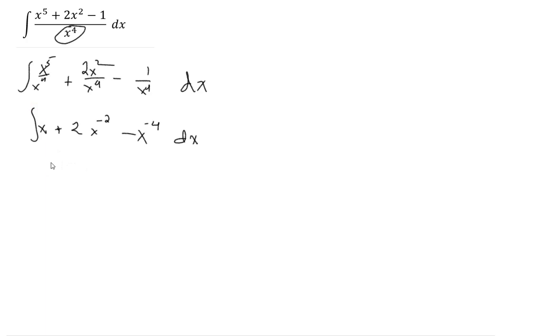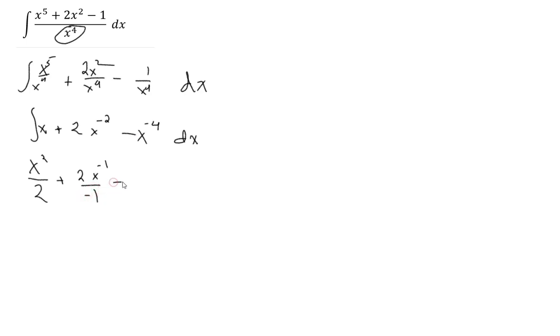Okay, now we'll actually take our integrals. So the integral of x, 1 plus 1, and then you divide by the new exponent. Over here, negative 2 plus 1 is negative 1, and you divide by negative 1.